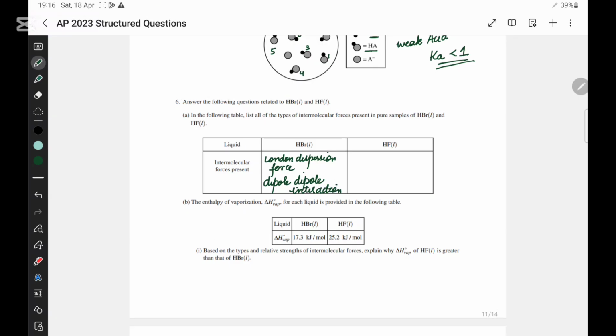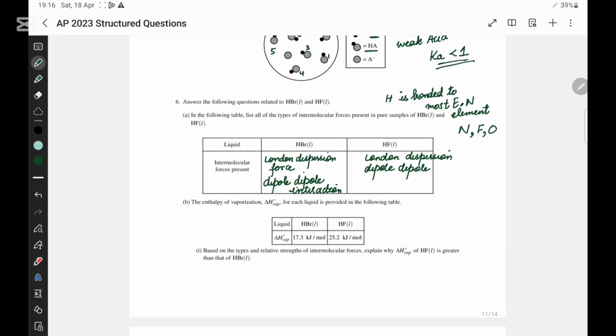But here if you see HF, then both forces are present in them, London dispersion and also dipole-dipole. But there is one more force that is also present in them, because we know there is a special type of force when hydrogen is bonded to the most electronegative elements, that could be nitrogen, fluorine, or oxygen.